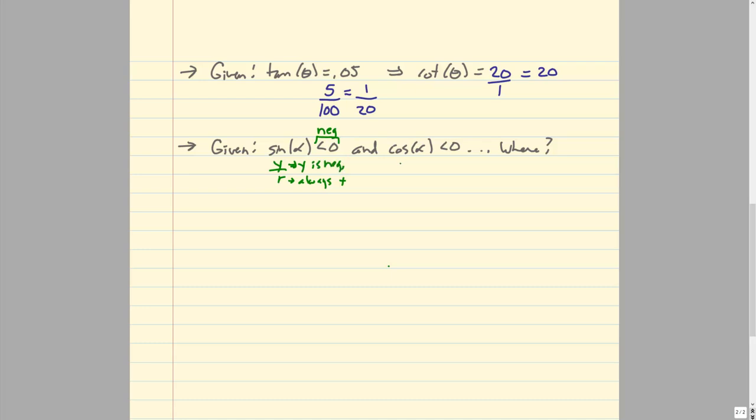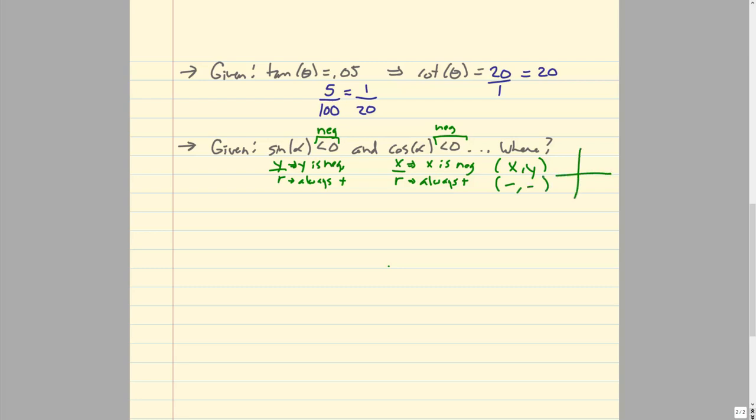Now using that same logic, cosine alpha is x over r. R is always positive. X in this case is less than 0. Cosine is less than 0. So this is negative. So x is negative. So what I have here then is my x and my y value are both negative.